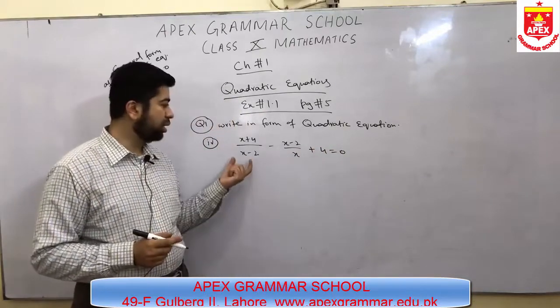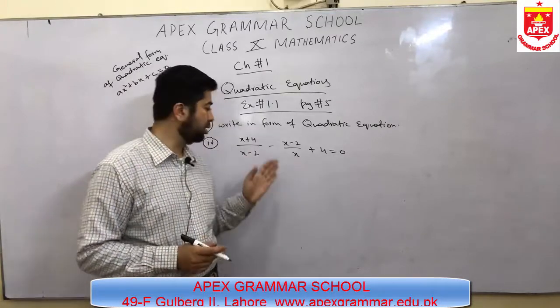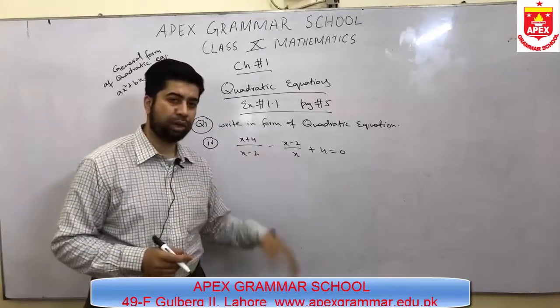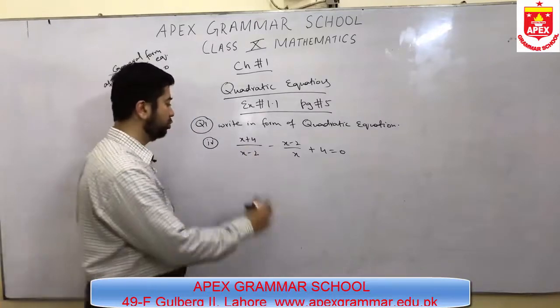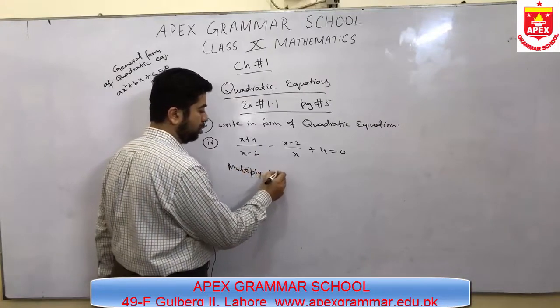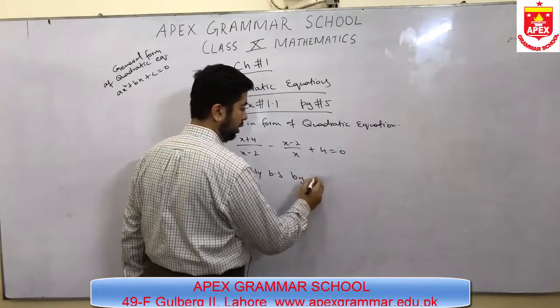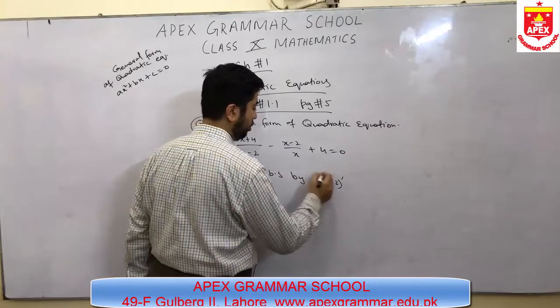You can see, what is the LCM of x minus 2 and x? Yes, the LCM will be x minus 2 into x. So multiply both sides by x into x minus 2.